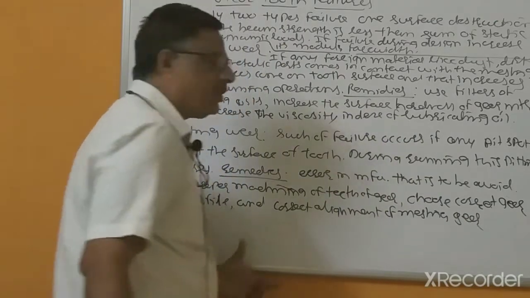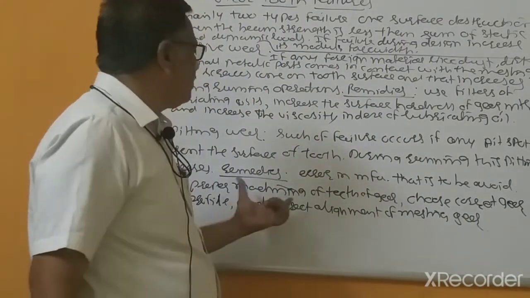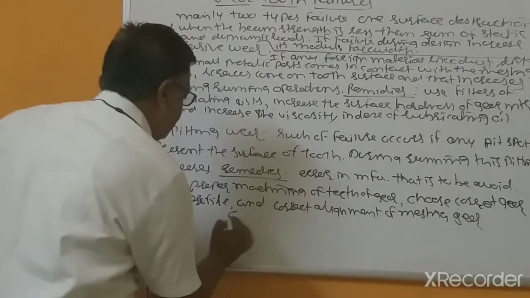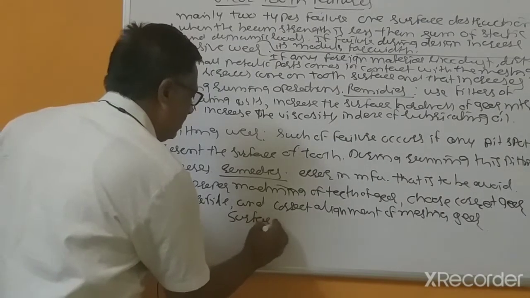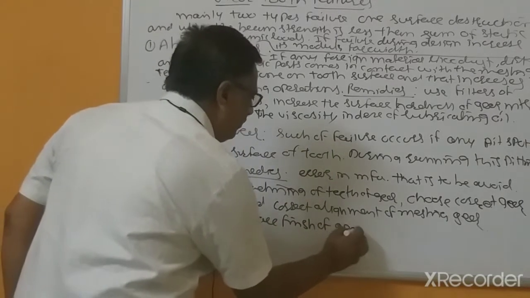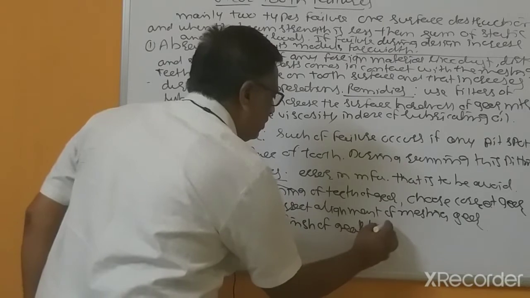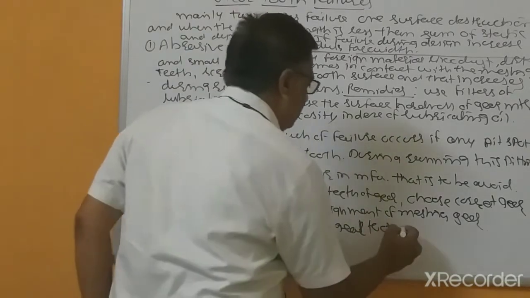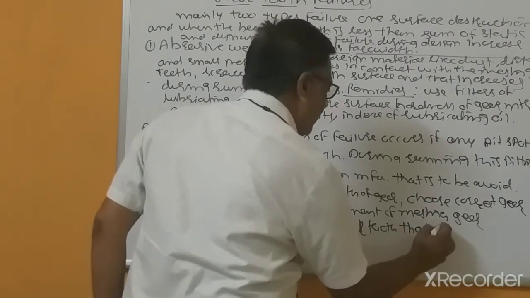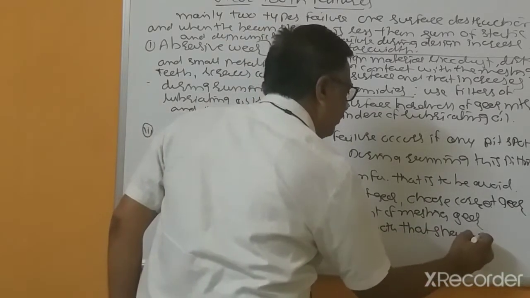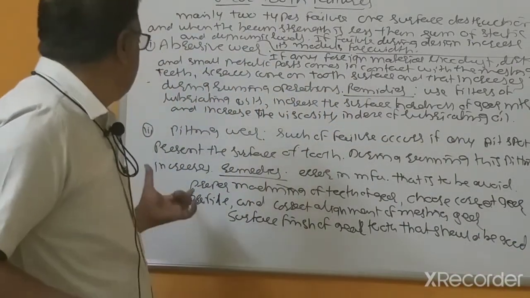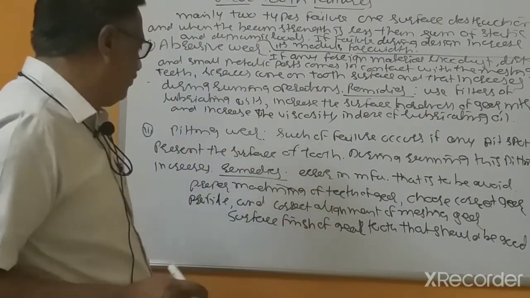So correct alignment is also important, and proper machining means the surface finish of the gear tooth should be good. The surface finish should be good for avoiding pitting failures.